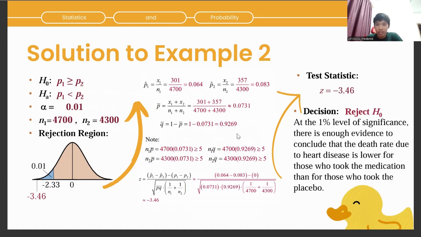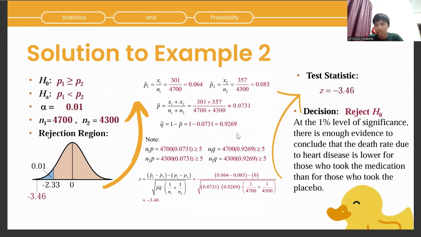You find the q by subtracting p from one, and you input it all in. You find the z value, the standardized test statistic, by using this large formula. And by inputting all the variables, you find that z equals negative 3.46.